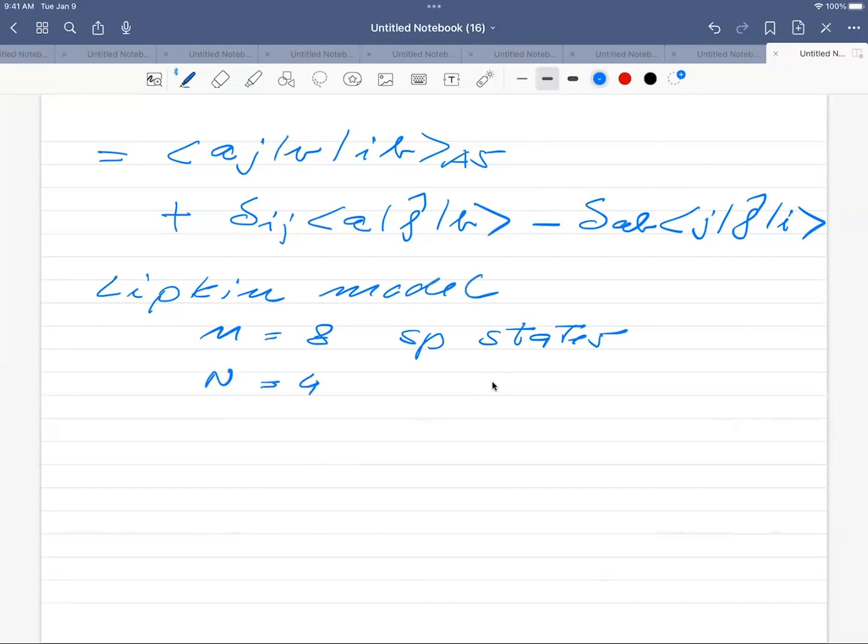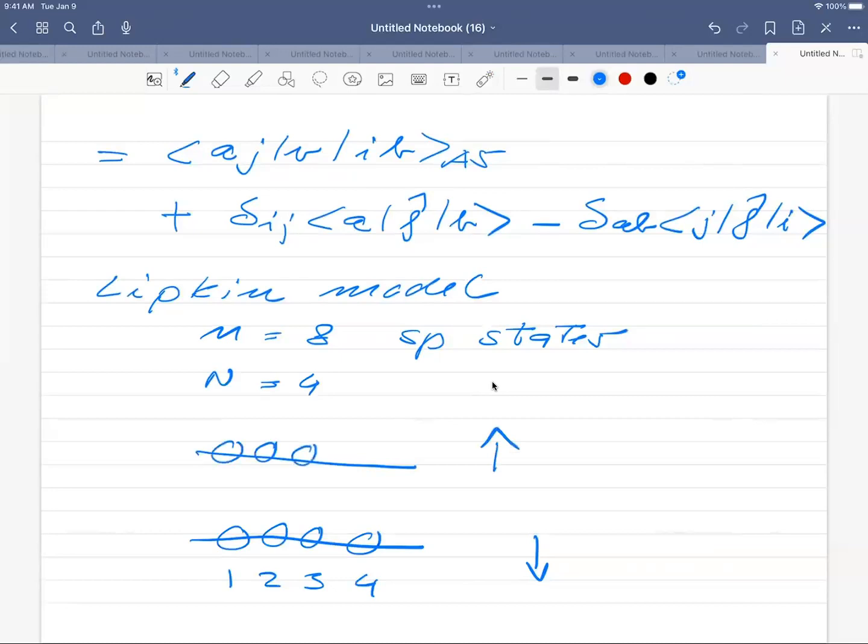And our system is set up so that we have an energy level which has 4 possible slots. So we label this 1, 2, 3, 4. And this corresponds to a state with spin down. And then it has additional quantum numbers 1, 2, 3, 4, which we don't specify. They could be any kind of quantum number we want to use. So these are slots where we can place the particles. And then we have this one with a spin up. And we have these different slots like this.